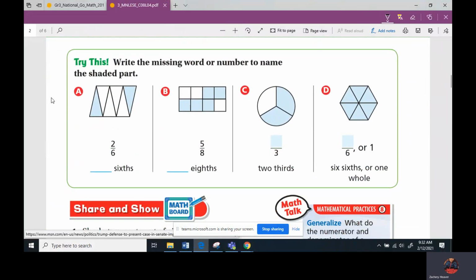Keep going down. So write the missing word or number to name the shaded parts. So we have 1, 2. How many are not shaded? Well, 1, 2, 3, 4. 4/6.